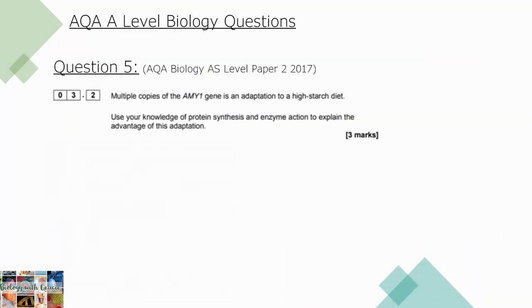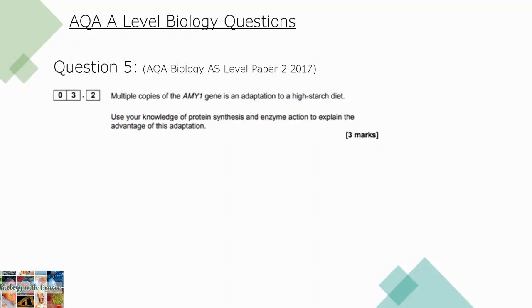Question 5. Multiple copies of the AMY1 gene is an adaptation to a high starch diet. Use your knowledge of protein synthesis and enzyme action to explain the advantage of this adaptation. So we know that if there are more copies of the gene, then there's going to be more copies of mRNA produced.